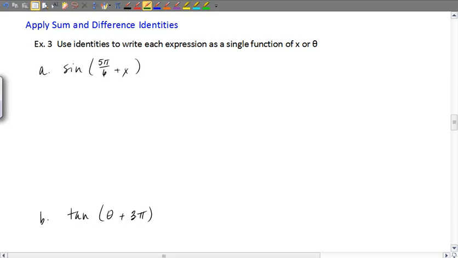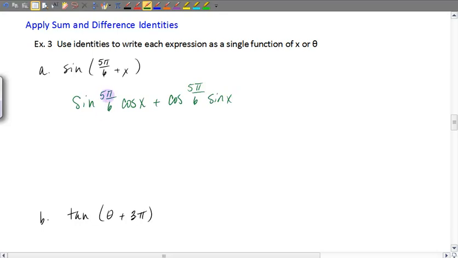So I can rewrite this example right here, using the sum identity for sine, so that it looks like the sine of the first, which is 5 pi over 6, times the cosine of the second, plus the cosine of the first, times the sine of the second.